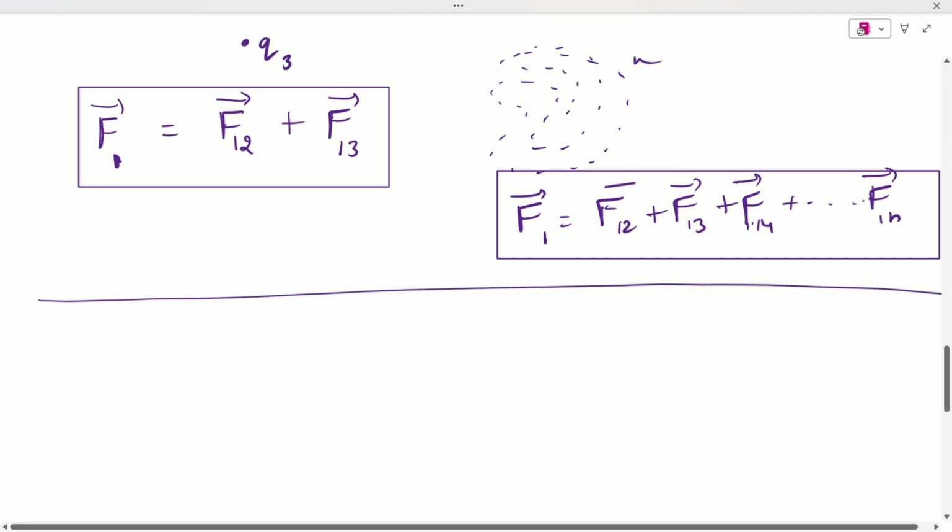Now let us solve two very basic numericals to have a better understanding about the theorem which we studied now.